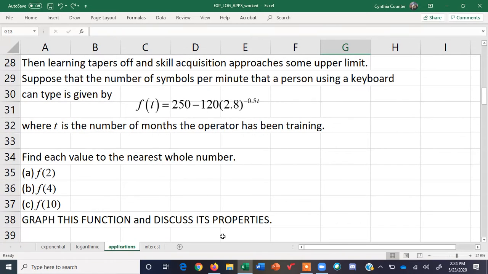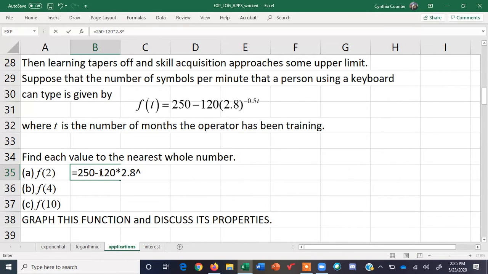We will graph this function, but first let's go ahead and evaluate it for certain values. Remember, t is the number of months the operator has been training. So after 2 months, the number of symbols per minute will be found by 250 minus 120 times 2.8.